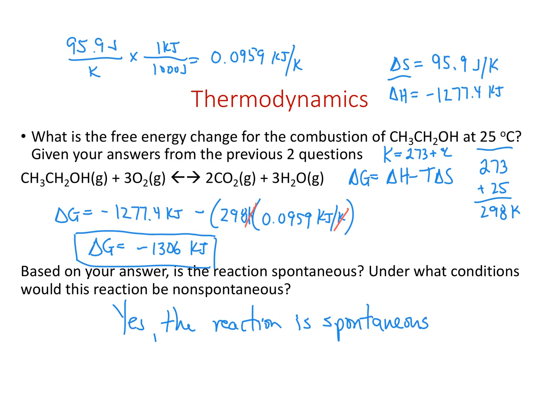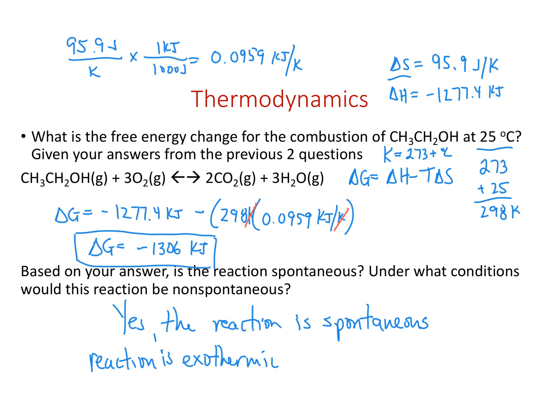We can also look at that with respect to delta H and delta S, right? We've got an exothermic reaction, and we know increasing the temperature increases the entropy of the system, and we have a positive delta S, so we have an increase in entropy during the course of the reaction.